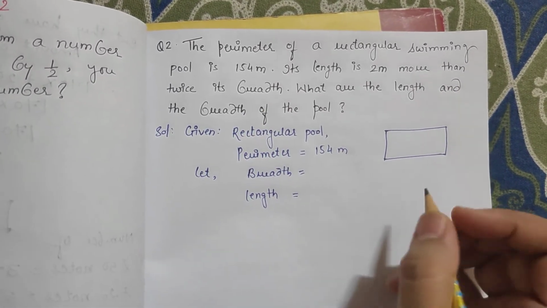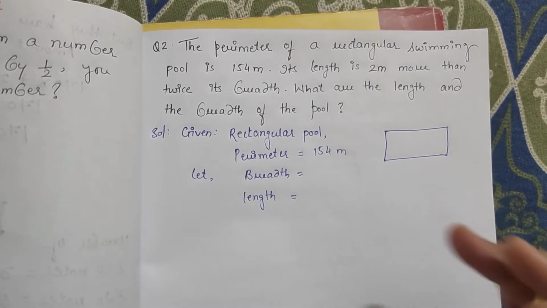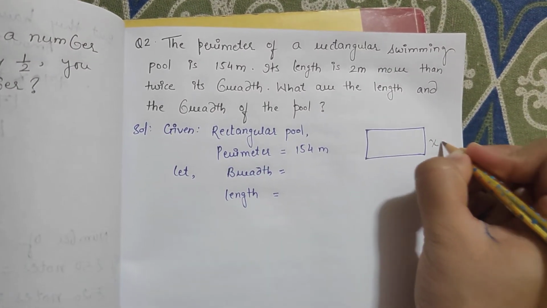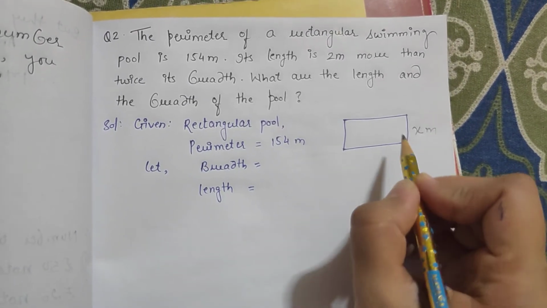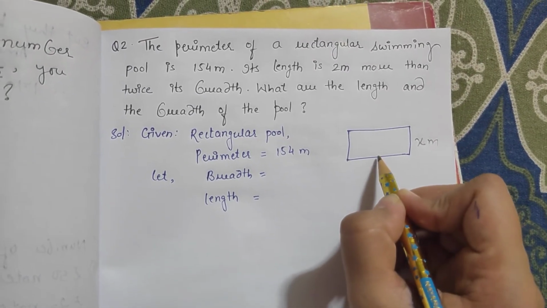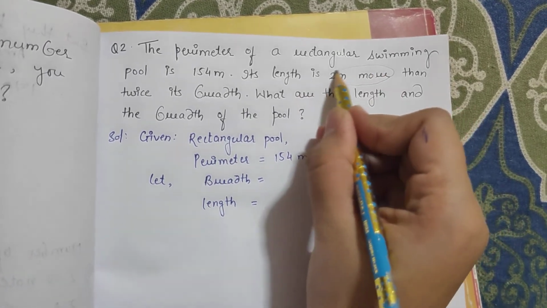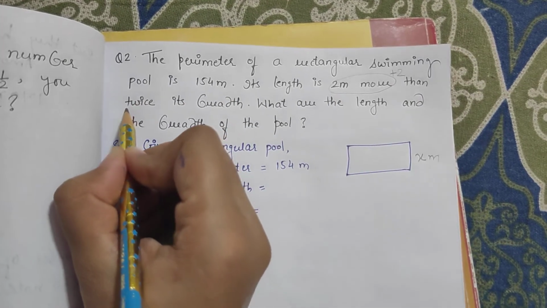So if you see here, they have not given breadth also, they have not given length also. So they have given the reference that if we take breadth as x meter, then with reference to breadth we have to take the length. What they are saying is that length is 2 meter more, which means we have to add 2, then twice its breadth.